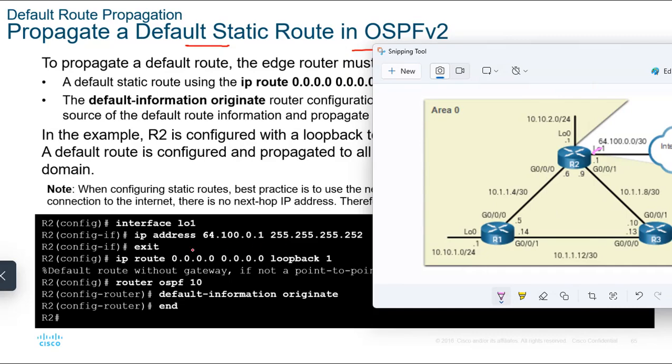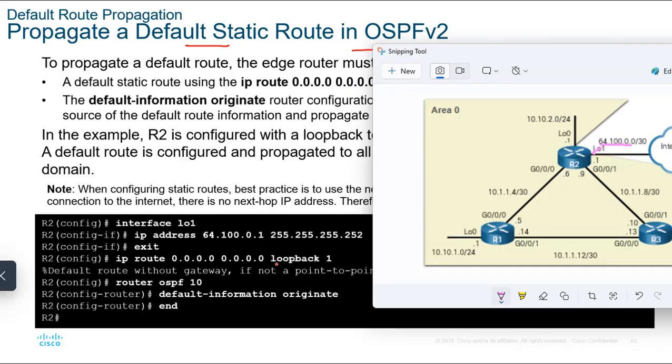It's what we have here, interface loopback 1, the IP address is here, then the subnet mask, exit, and then you use the default static route. We tried it out in semester 2, in the last chapters. You know how to configure the default static route.